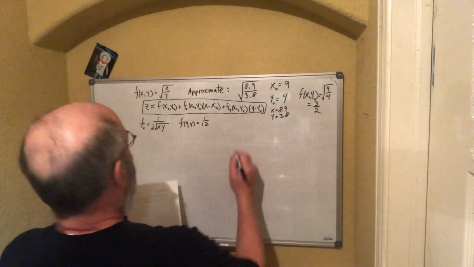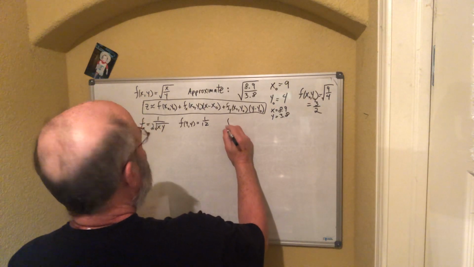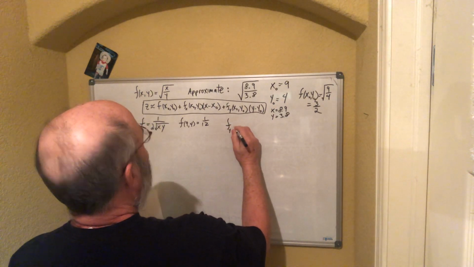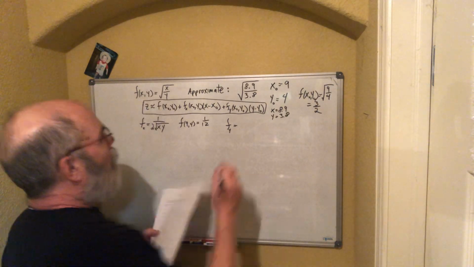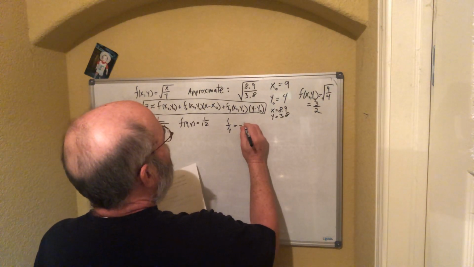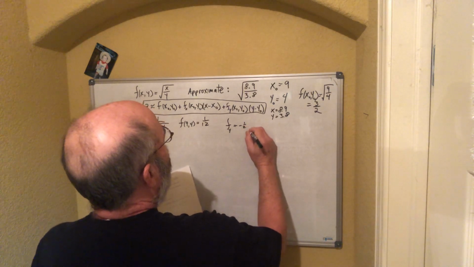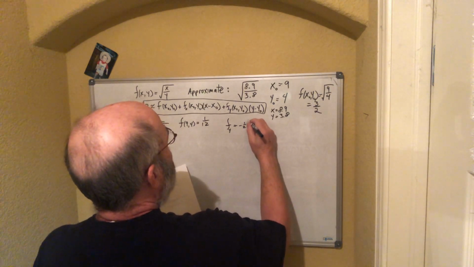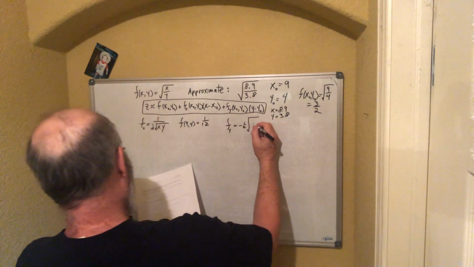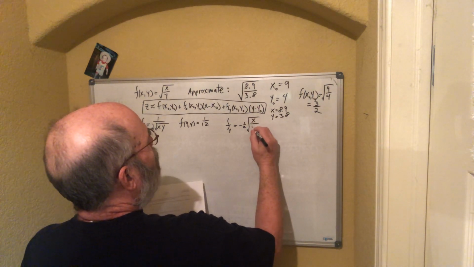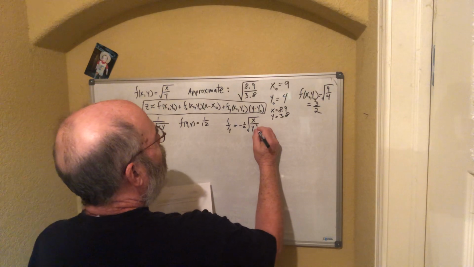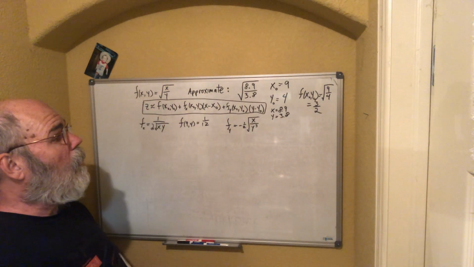On the other hand, Fy, by the same token, comes out to be minus 1/2 times the square root of x all divided by y cubed.